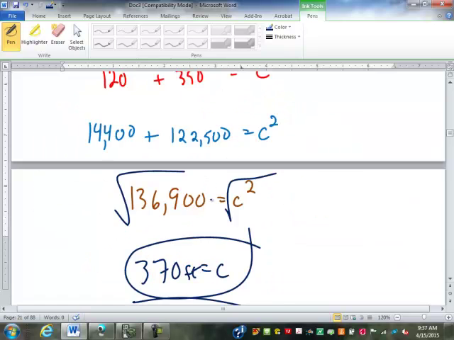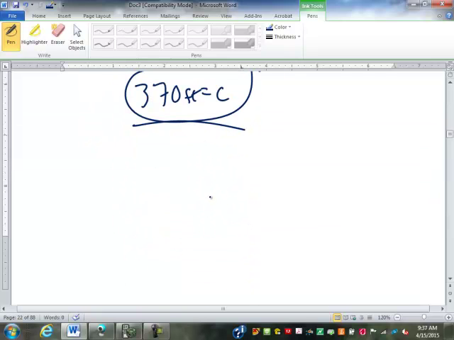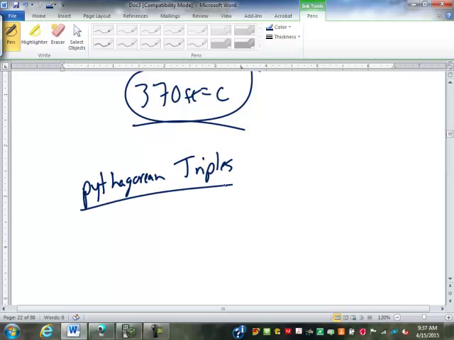When you're talking about right triangles, since I'm waiting for some people to catch up, something called Pythagorean triples. What Pythagorean triples are, are numbers that, when I put them into a right triangle, form the sides of a right triangle without any decimals.